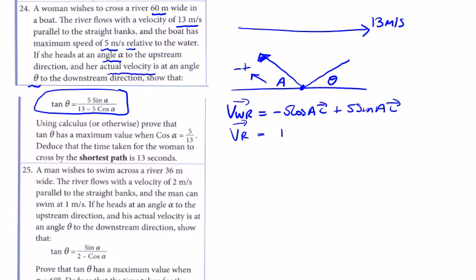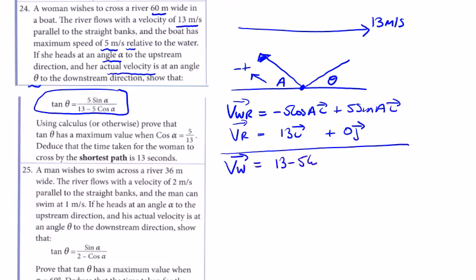The velocity of the river is just 13 in the i direction plus 0 in the j direction. So the velocity of the woman is these two added together. That's going to be 13 minus 5 cos alpha in the i direction plus 5 sine alpha in the j direction.